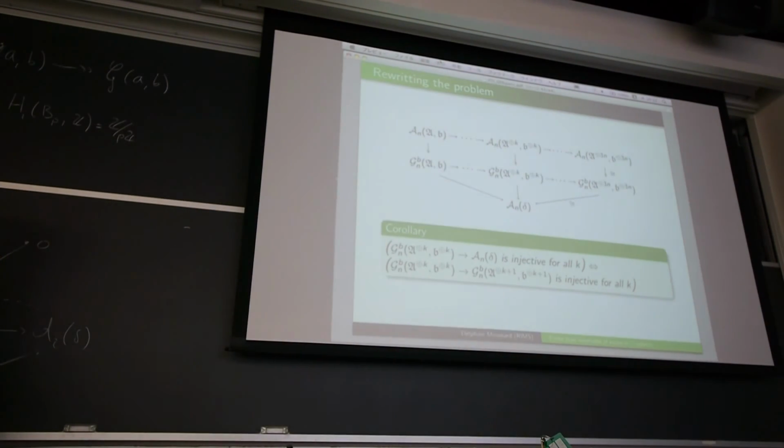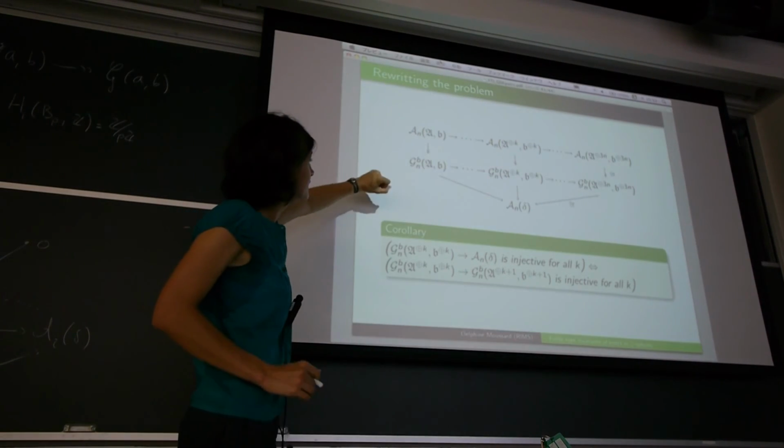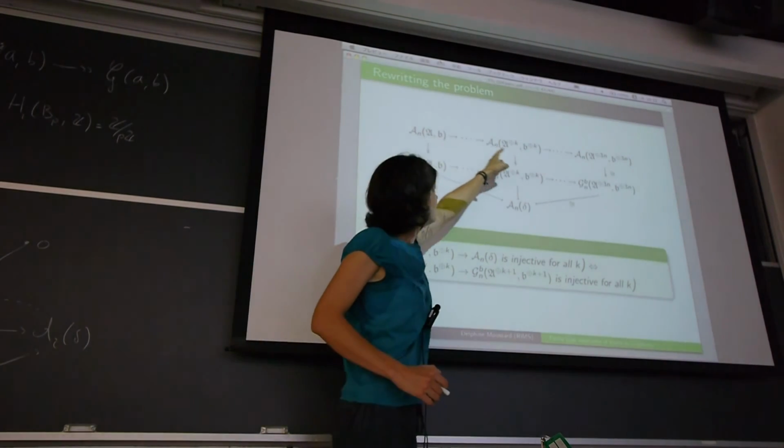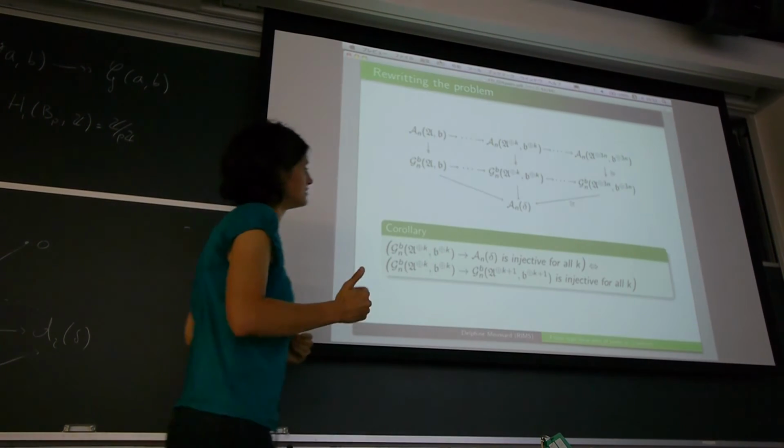So in this commutative diagram, we have first here the map as I described just before.